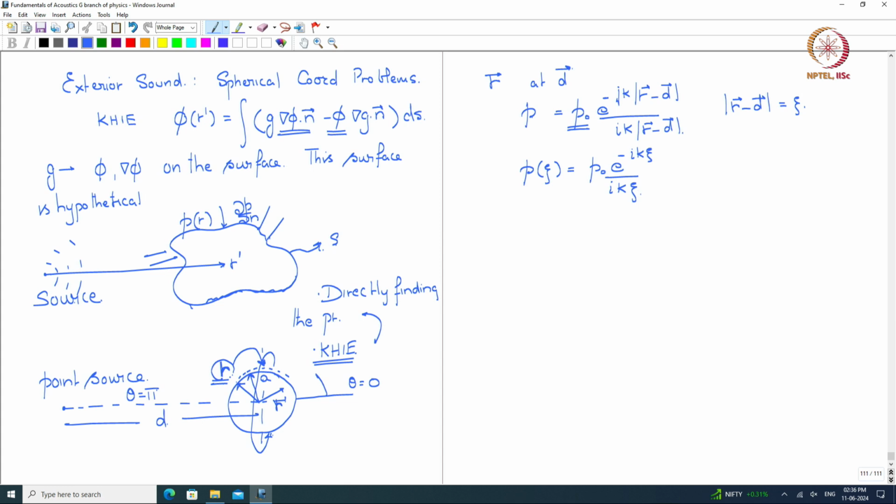The 4 pi, etc., or bringing in the j, are all absorbed in P0, just a monopole source, pressure due to a point source, the free space Green function basically, but written now to accommodate a form of a Hankel function, which is equal to minus P0 Hankel function of the second kind of k xi.